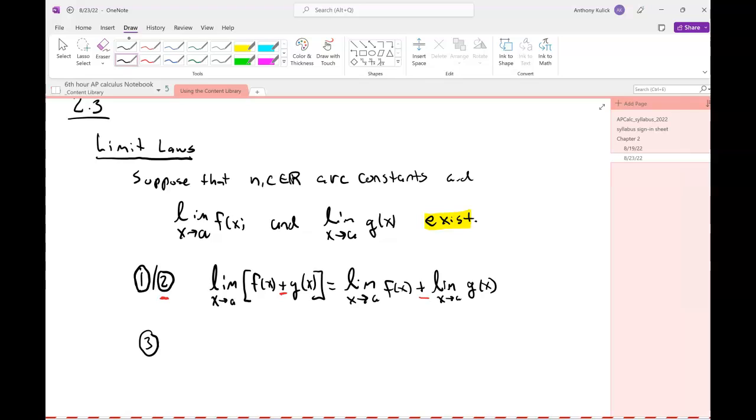Limit law number 3 says the limit as x approaches a of c times f of x. Remember, c is a constant, right? It's just a number like 2 or -8 or pi or 7/3.